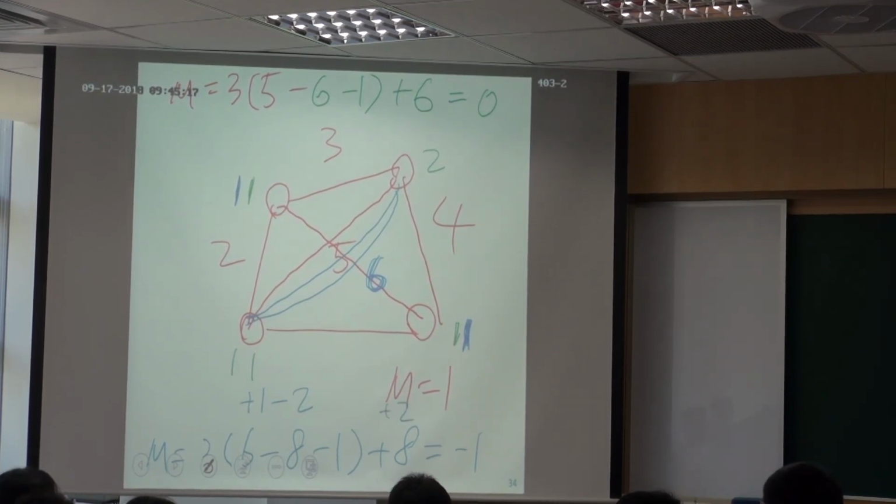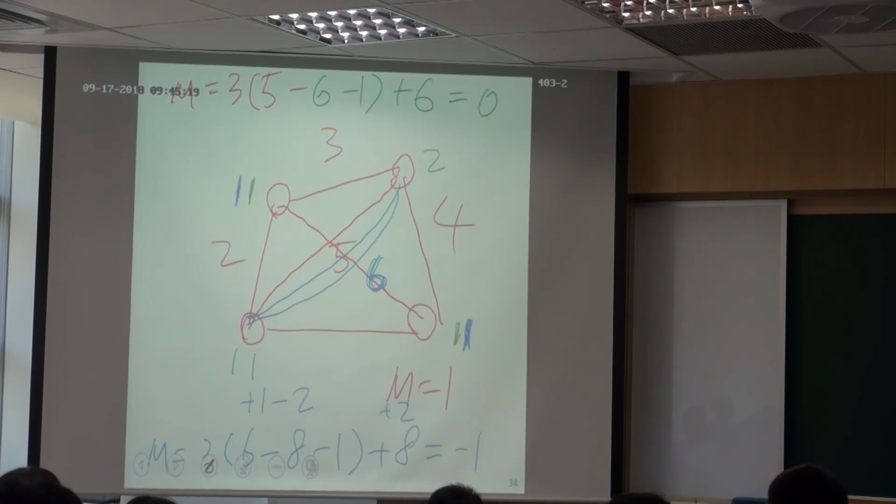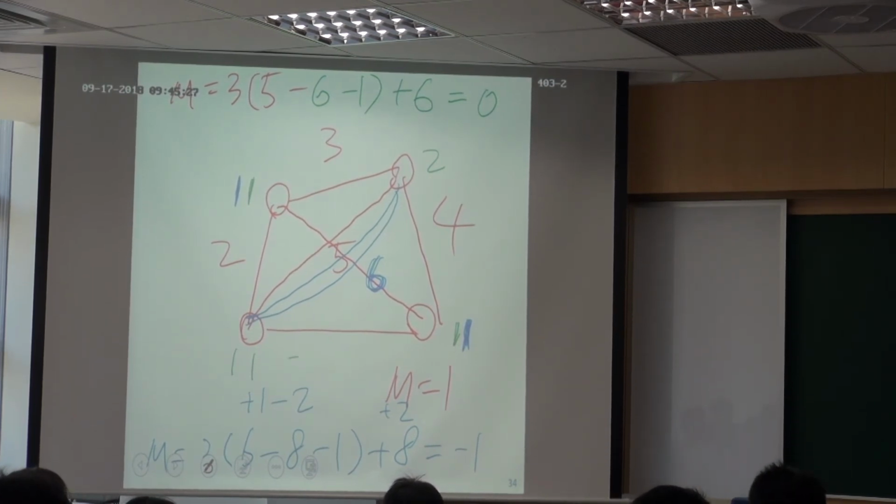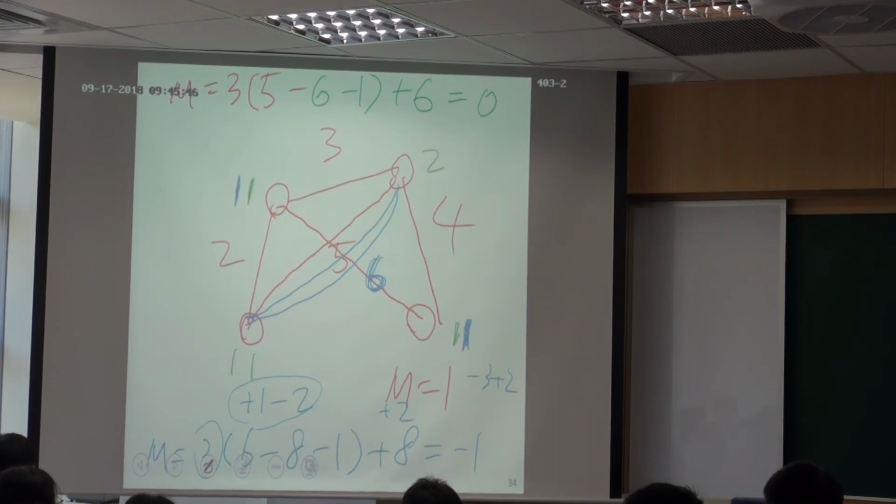So actually the total effect of the link I add, link number 6, into the system, I'll get minus 3 plus 2 for adding this number 6, because you'll get 3 times minus 1 and plus 2.